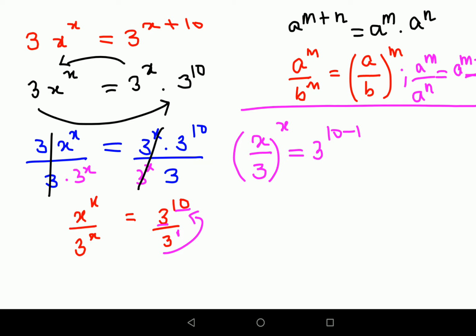So the question is changing to 3 raised to 9 on my RHS. Now please understand, let me write this down one more time: x upon 3 the whole raised to x is equal to 3 raised to 9. This is where I have come to my question.